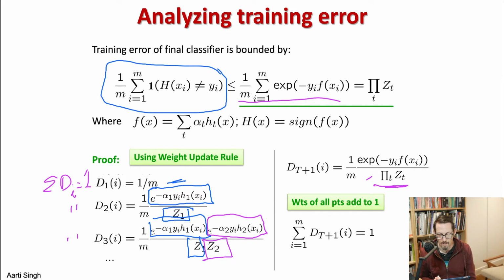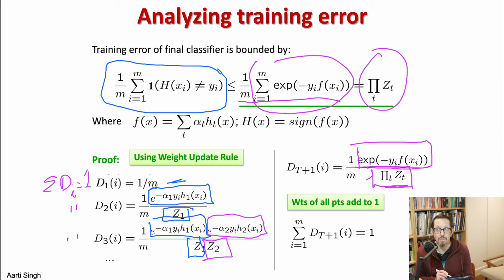Now, because all the points sum up to 1, we know that the only way for that to happen is for this product down here to be the same as this numerator here, right? We have to have the exponential and the product be equal.